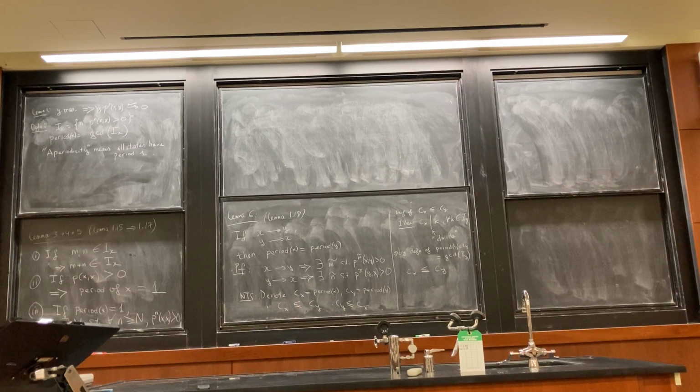And if CX similarly divides everything in IY, then CX should be less than or equal to CY, because CY is the largest number dividing all K in IY.